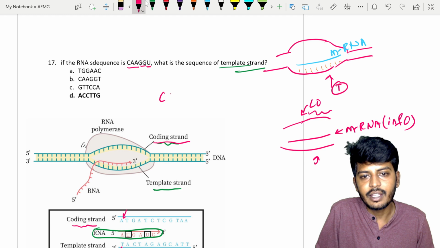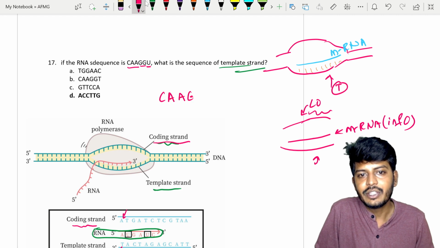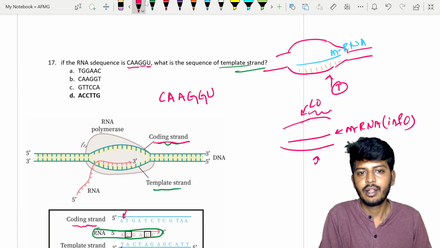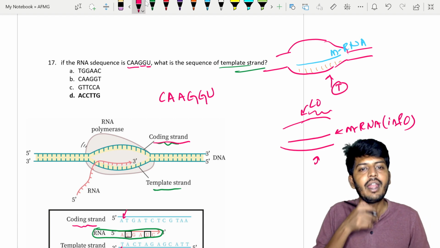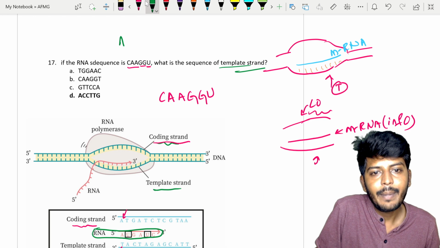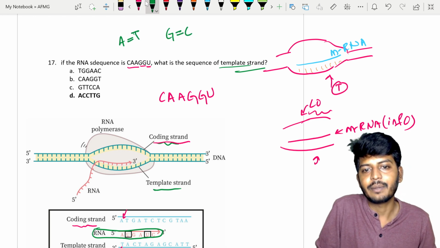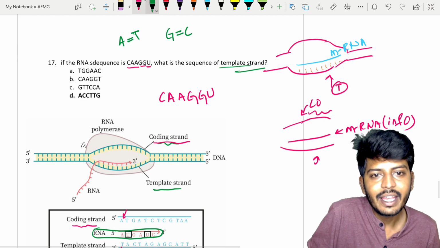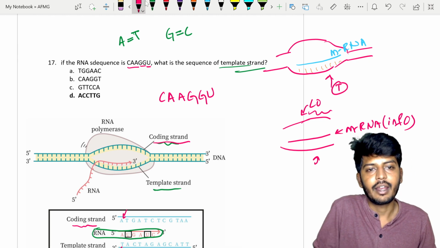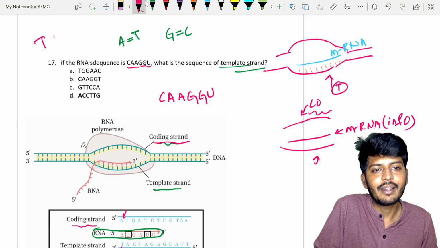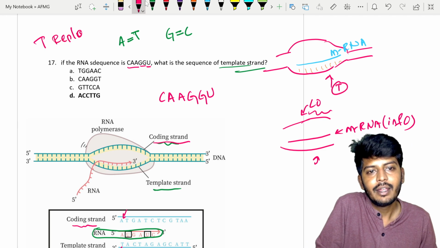RNA has C, A, G, U. Now all of us know that A binds with T, G binds with C. Now in the RNA, thymine is replaced by uracil.